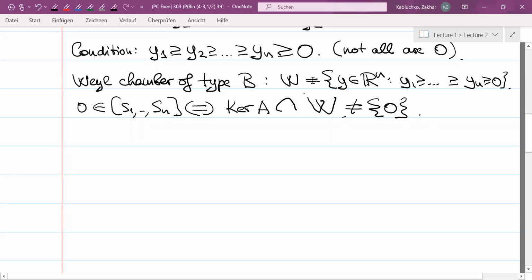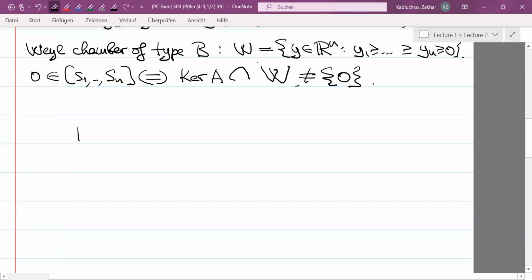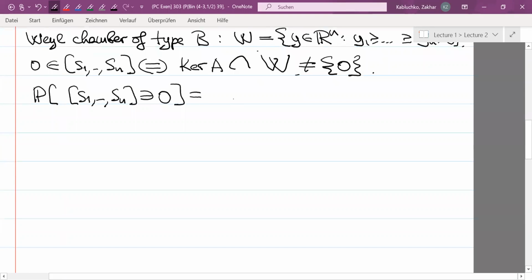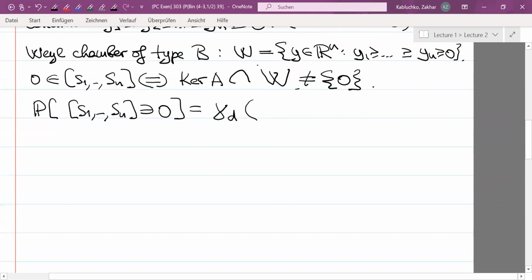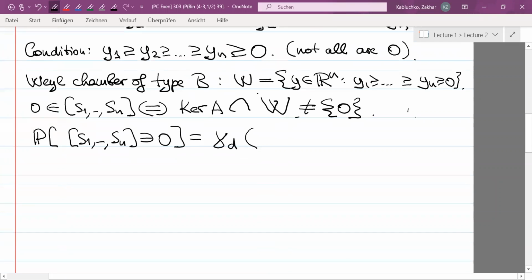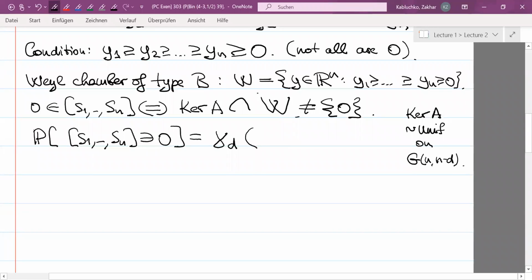And now this is again a Grassmann angle. The probability of this is a Grassmann angle. So the probability that S1, ..., Sn absorb 0 in their convex hull is the Grassmann angle, because recall the kernel of A is uniformly distributed on the Grassmannian of all n minus d dimensional linear subspaces.